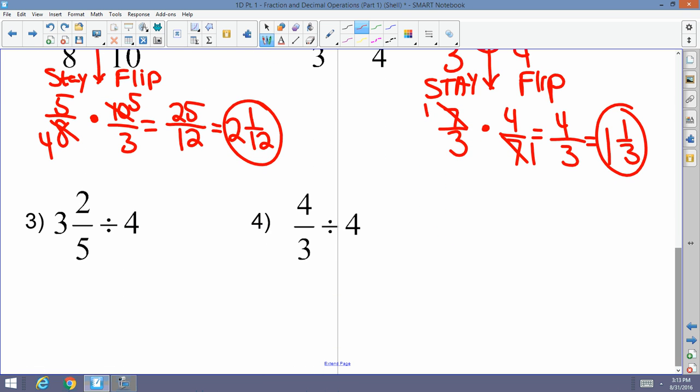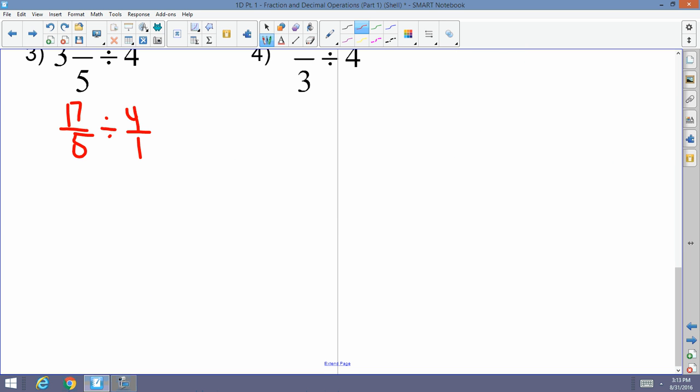Number 3, 3 2/5 divided by 4. Please, caution, you have mixed numbers. You must convert them into improper fractions first. So 5 times 3 is 15 plus 2 is 17/5. Divided by 4/1. Remember, there's an invisible 1 there. So now I'm going to stay.